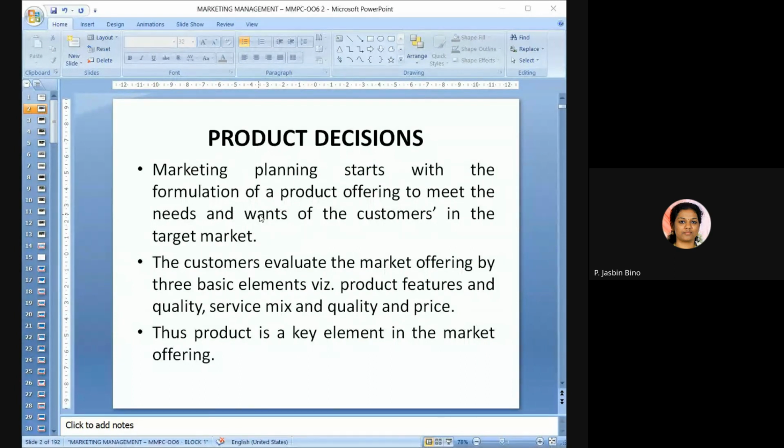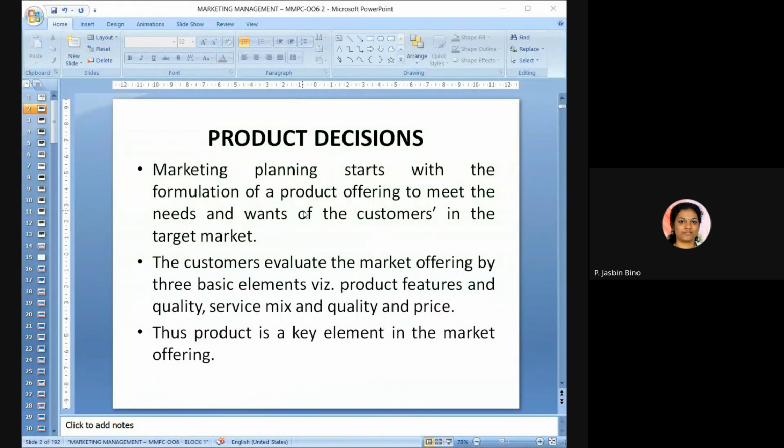So normally market planning starts with formulating a product. They'll be developing a product based on the needs and wants of the customer and the target market. The customers will be evaluating the market offering by three basic elements normally.